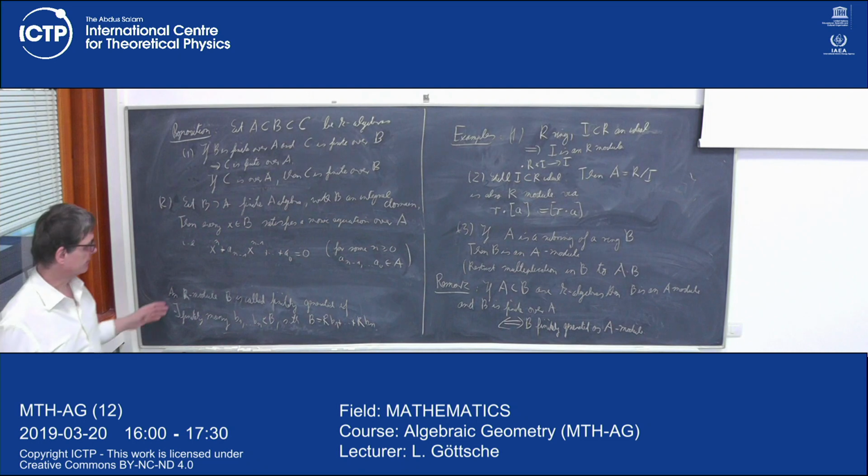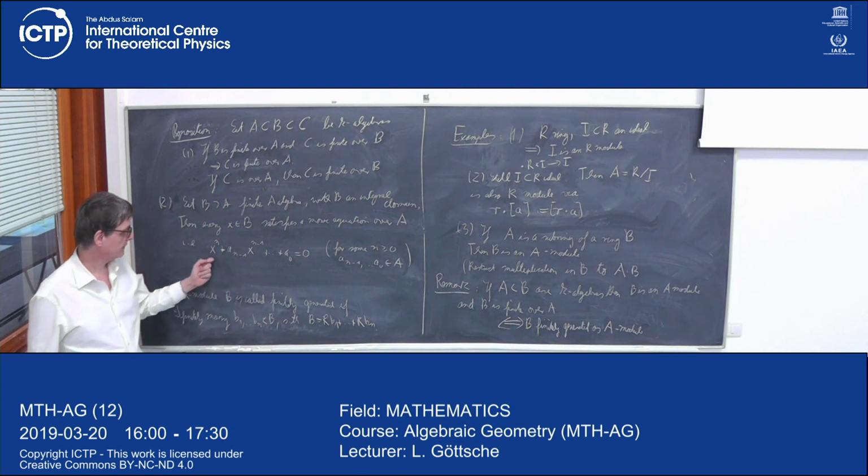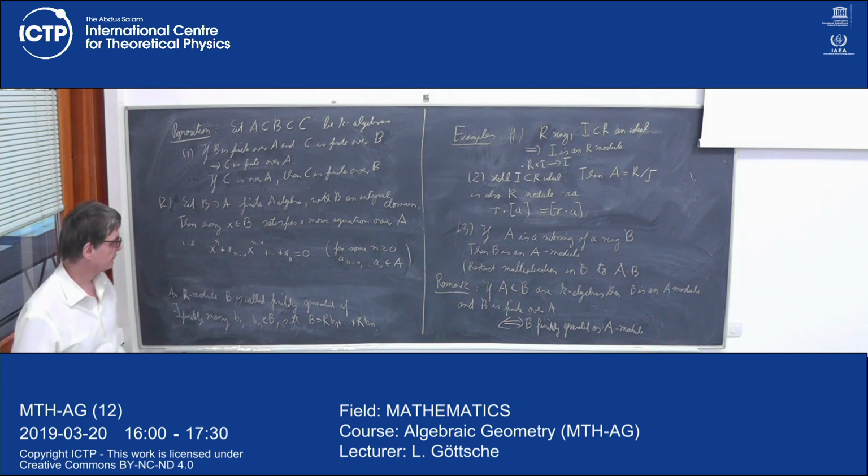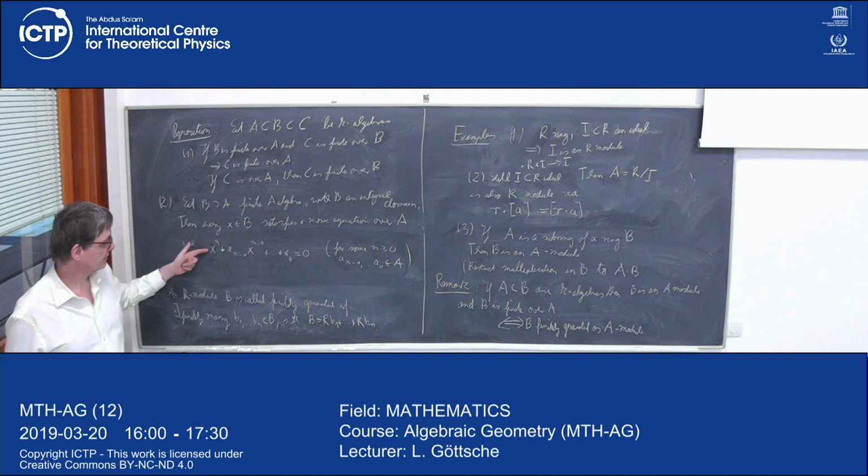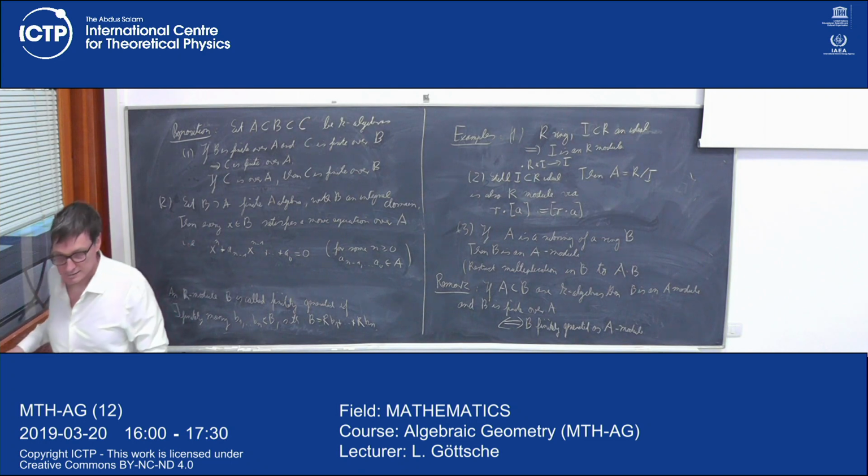So the important thing is it's not just a polynomial equation, but the leading coefficient is 1. No, we cannot normalize the leading coefficient to be 1, as we are here in a ring, we cannot necessarily divide by the leading coefficient.